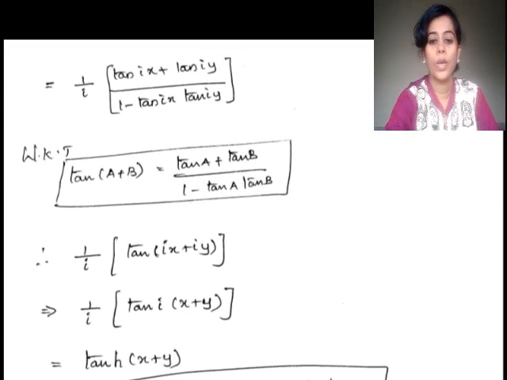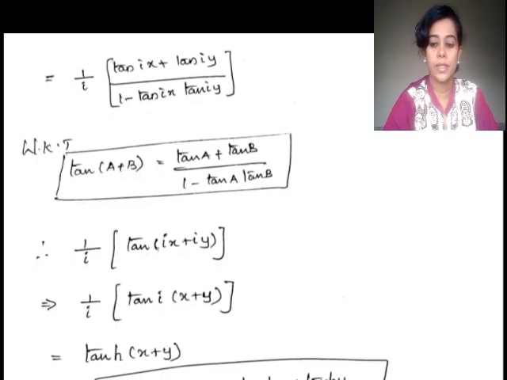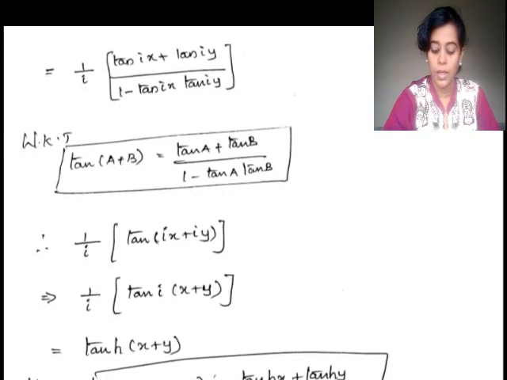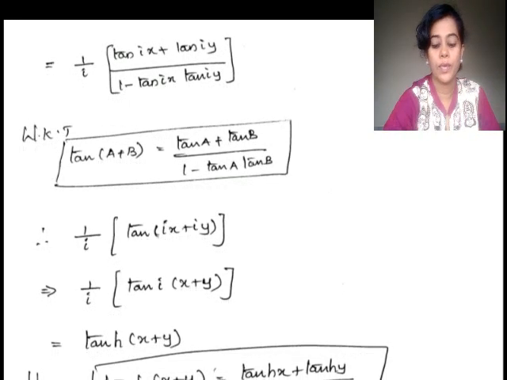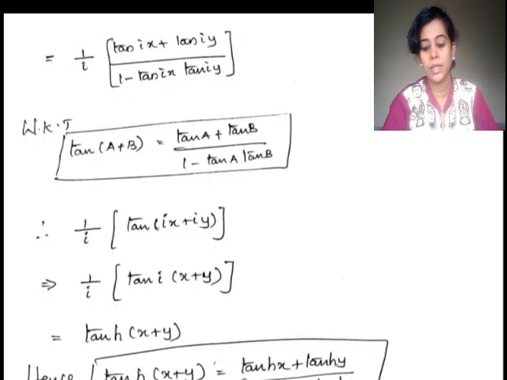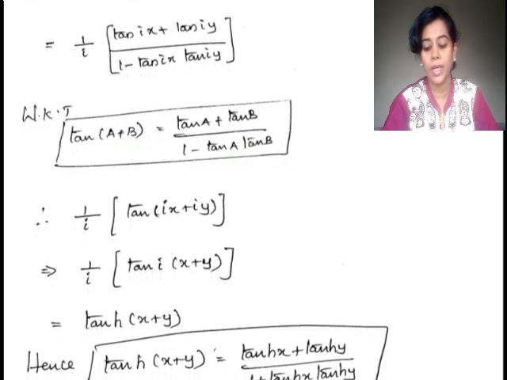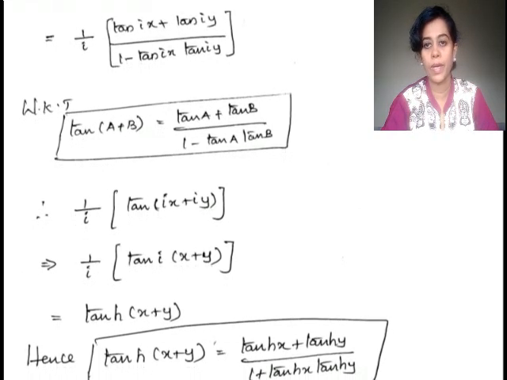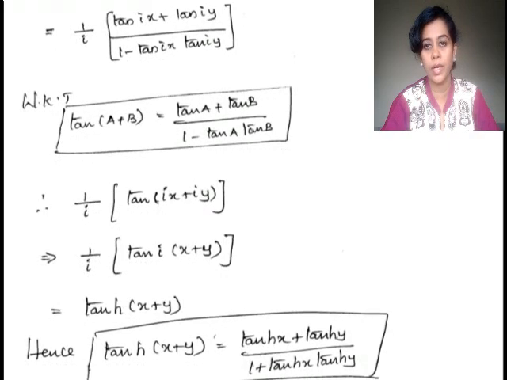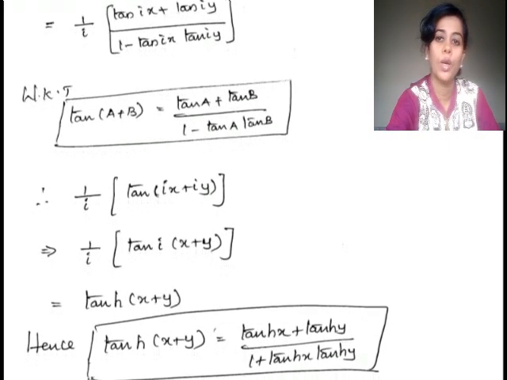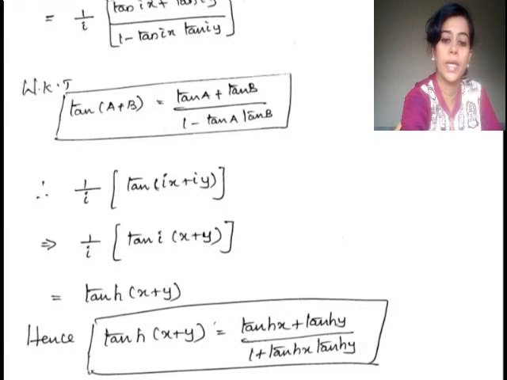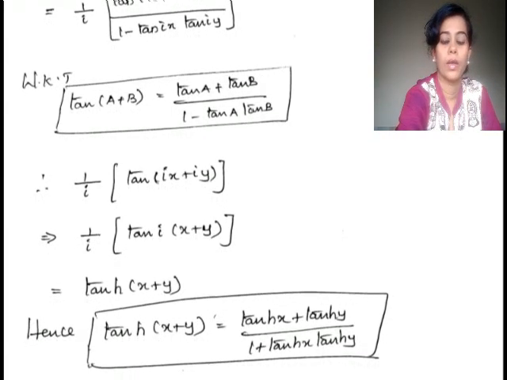And here we can have minus. Why is it minus? Because in both the terms we have i in the denominator. So tan ix by i into tan iy by i, multiplying these two terms, we will get i squared. i squared will be minus 1. So therefore 1 minus tan ix tan iy.